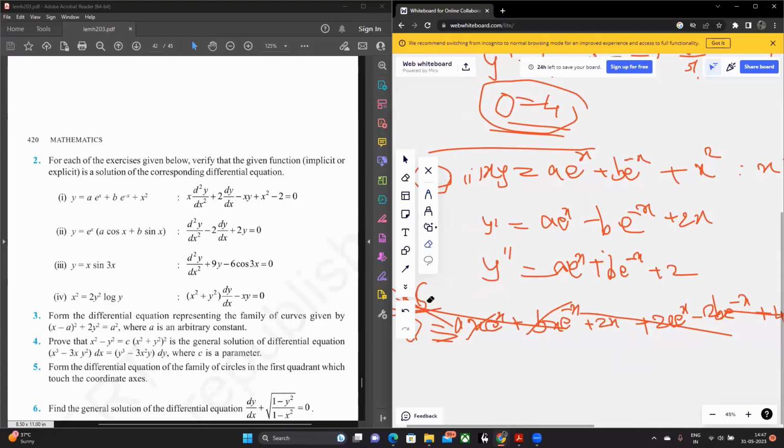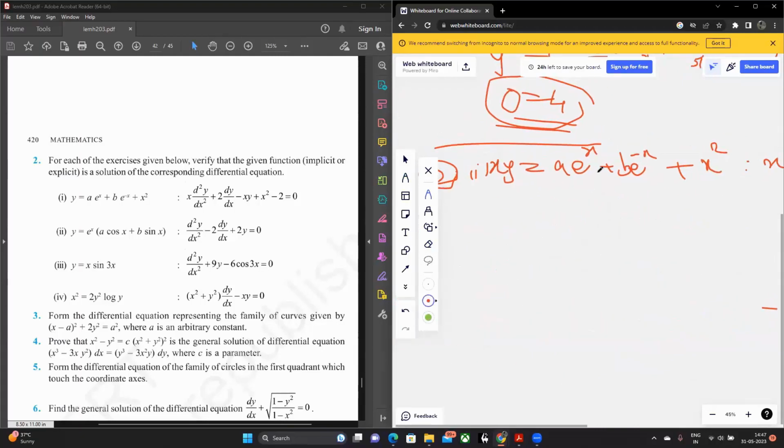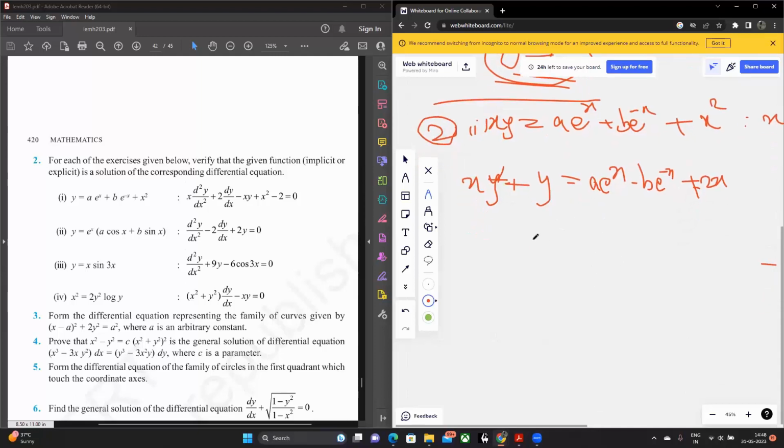So since this is xy equals a e^x plus b e^(-x) plus x, now what we do is differentiate once. We get x y' plus y equaling a e^x minus b e^(-x) plus 2x. This is the first differential.